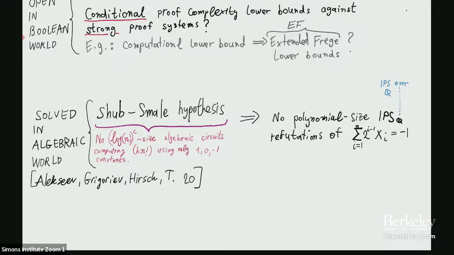So this was the result with Alexeyev, Grigoriev, and Hirsch. It shows the following. I think I wrote it correctly here, it's quite small. If we assume this hypothesis from algebraic complexity, that there are no polylogarithmic size algebraic circuits computing multiplication of factorials.